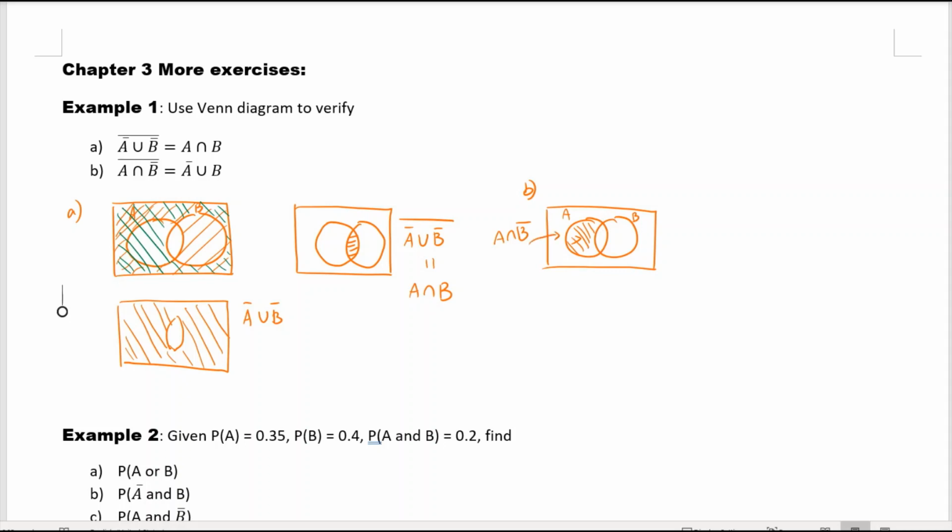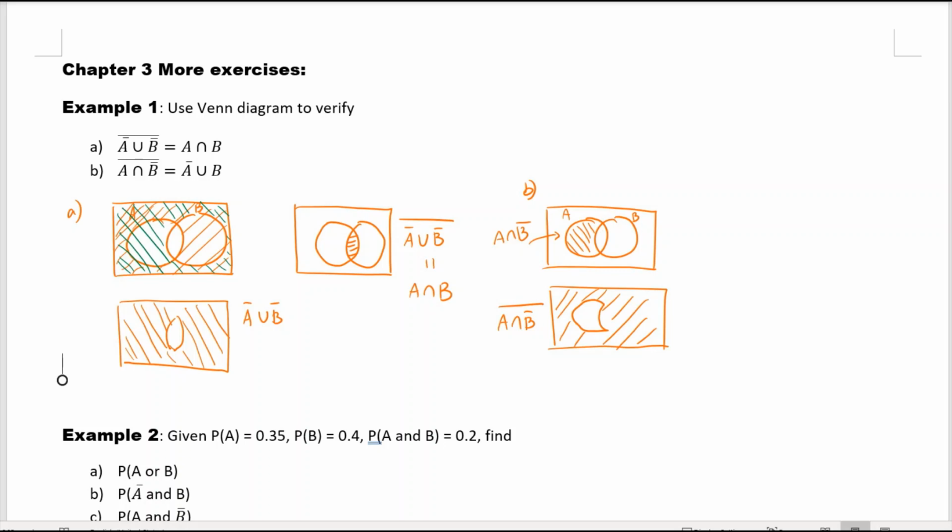And then what's next? We want the complement of this, so we have everything outside of this, like a moon. Okay, so this is the complement of A intersect B complement.